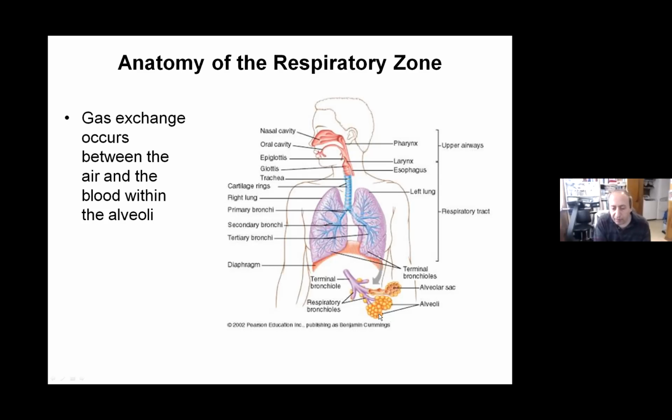It ends in the respiratory bronchioles and the alveoli. The surface of the alveoli is so big, it's like a soccer field for one person. So it's a huge area. This branching allows air to diffuse through a big area into the blood, where you have capillaries in the alveoli.